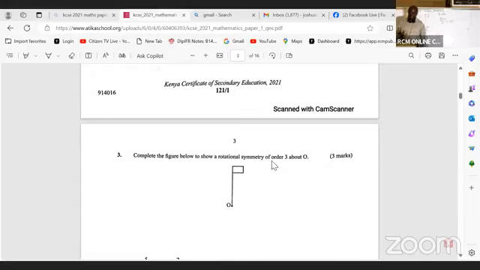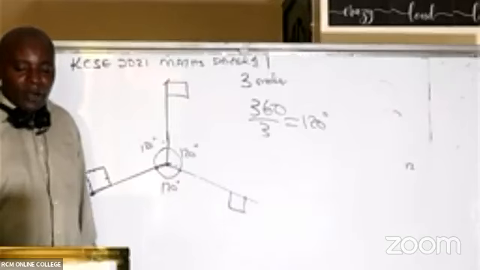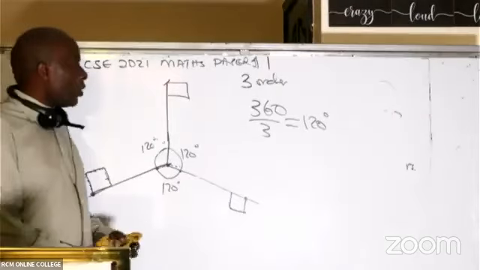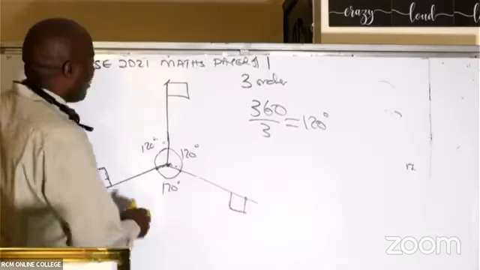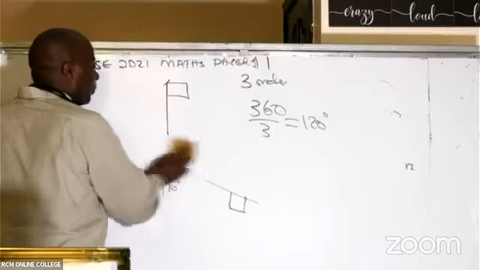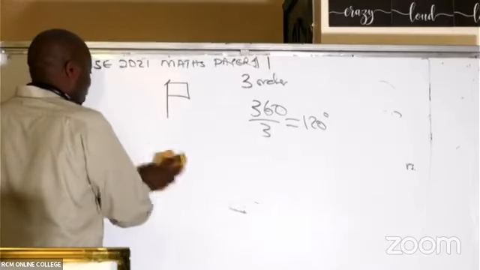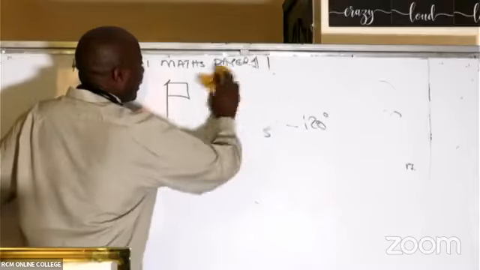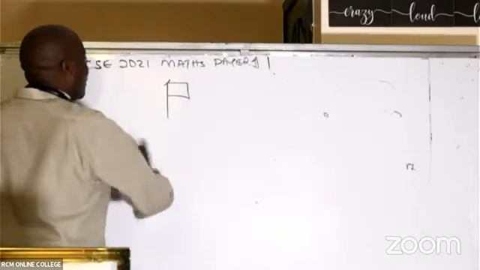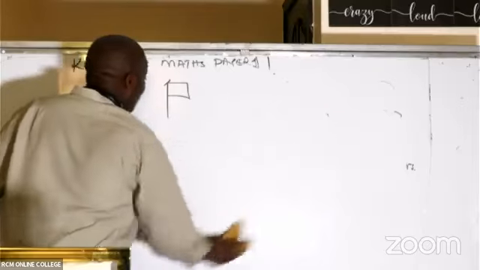Now, these students are telling me that they are ready. I show them how this rotational symmetry works. All right. Now, I know that you perhaps don't have this particular paper with you. So the first thing I would want you to do, please, is to draw this flag. Let's draw our flag ourselves.